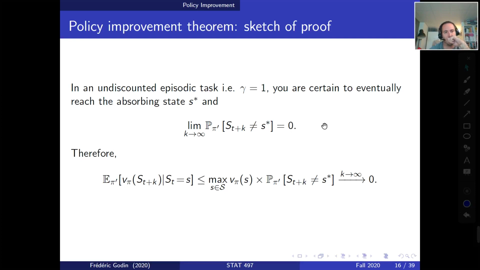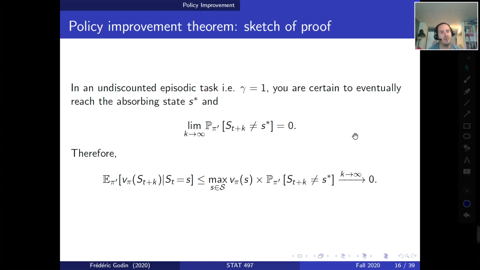Conversely, in other cases, if you have an undiscounted task that is episodic, which means that the discount factor gamma is equal to 1, but there's an absorbing or terminal state S prime to which you're certain to end up eventually, then in the limit, the probability to not be in this absorbing state becomes 0.